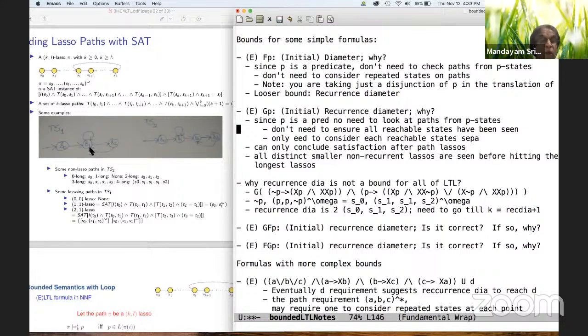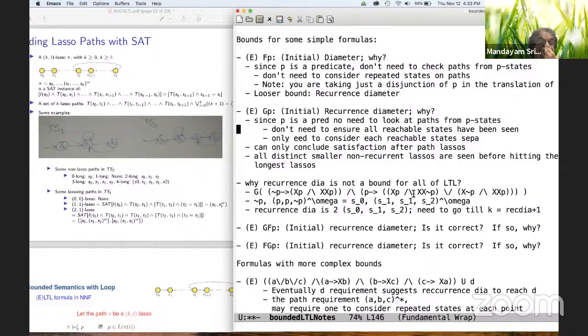Whereas here, you have to check on paths originating from other indices, because the check of the embedded formula has some X's, and here it's actually up to two embedded X's.